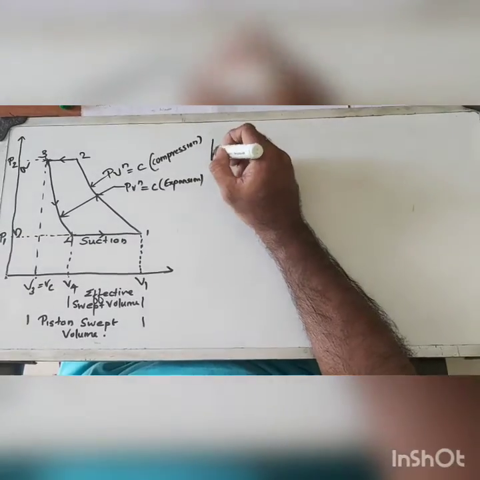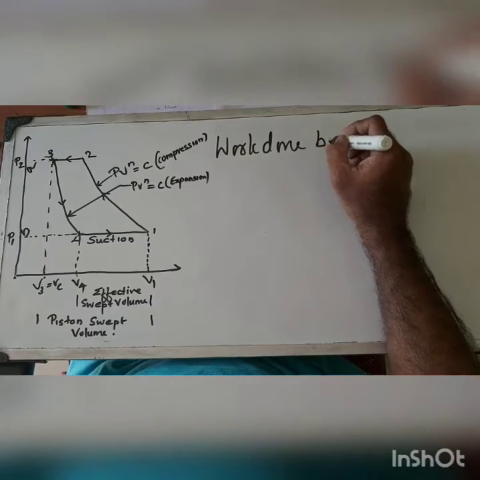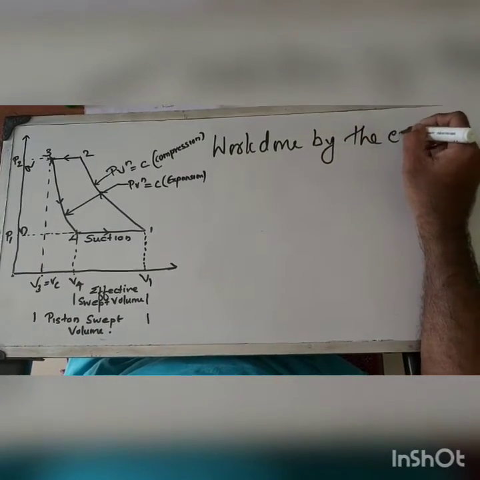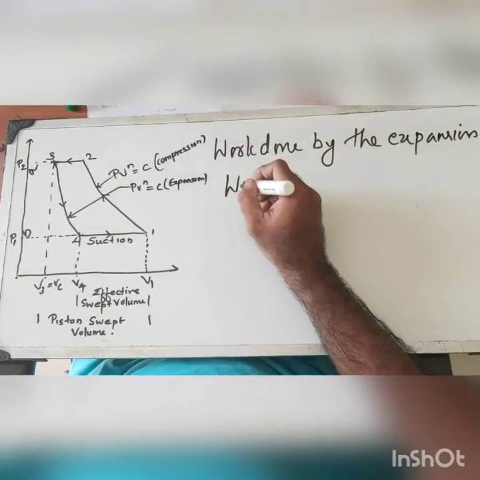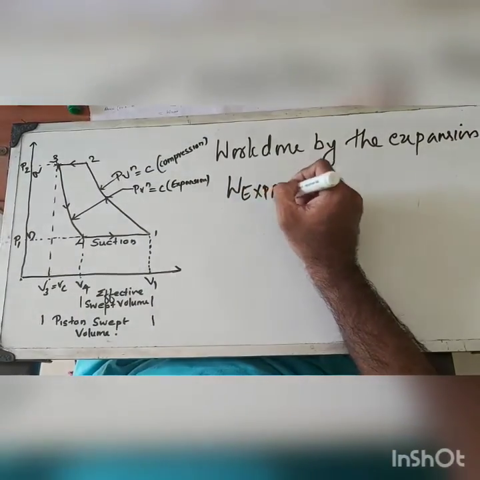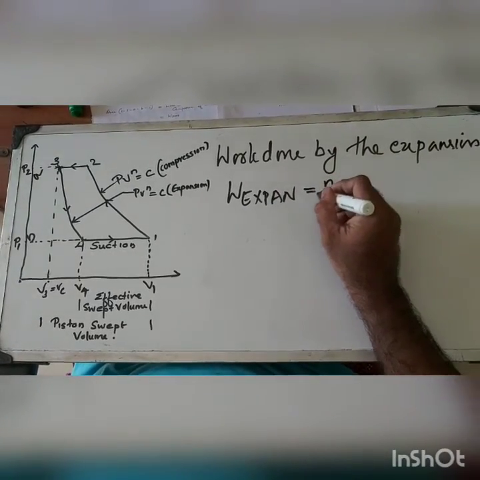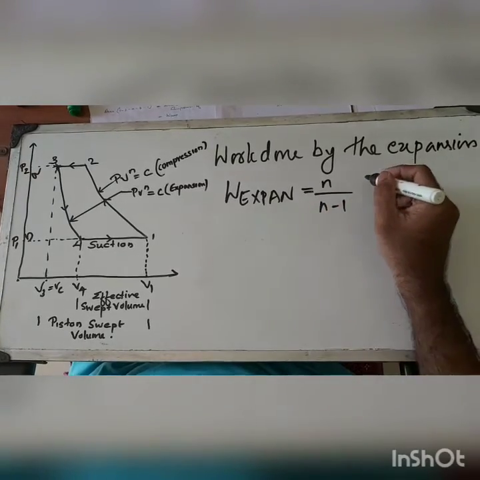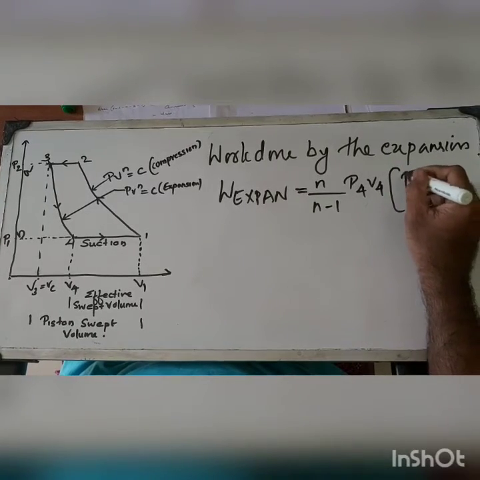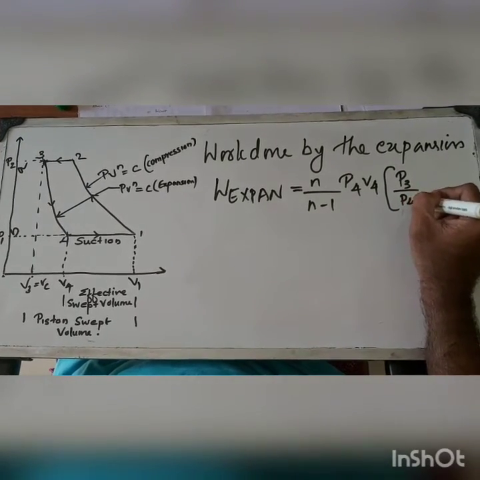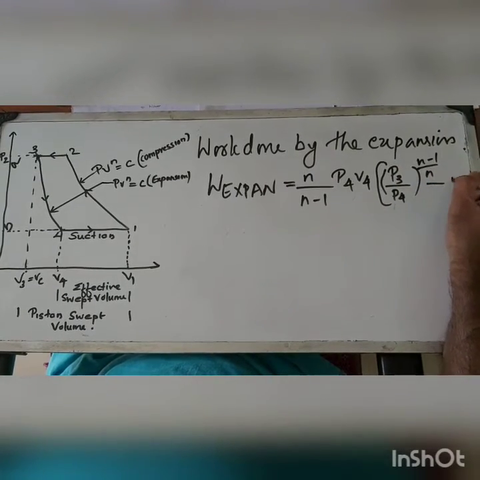Next, work done by the expansion, that means work of expansion, equals n by n minus 1 P4 V4 into (P3 by P4) all raised to (n minus 1) by n, minus 1.